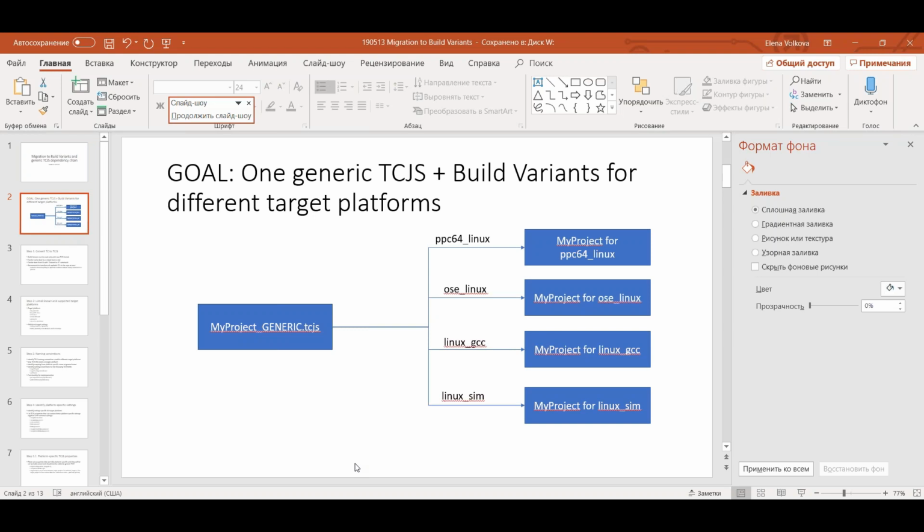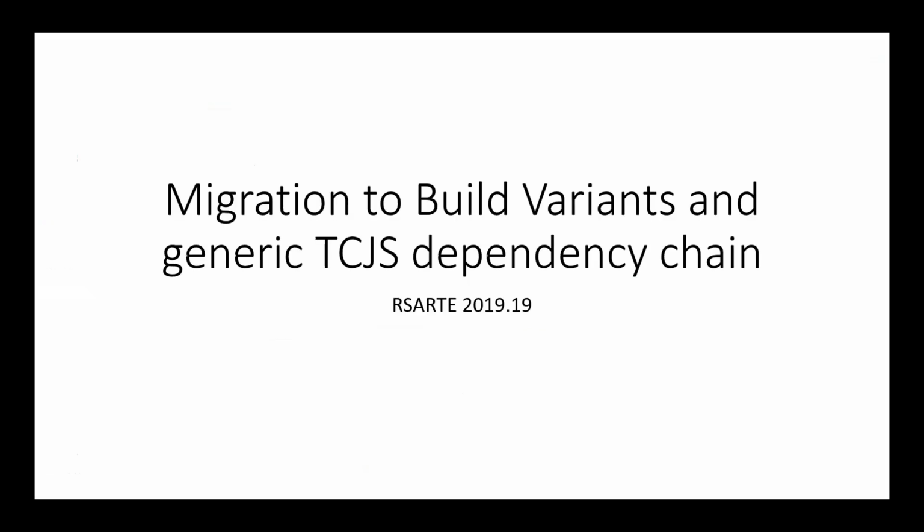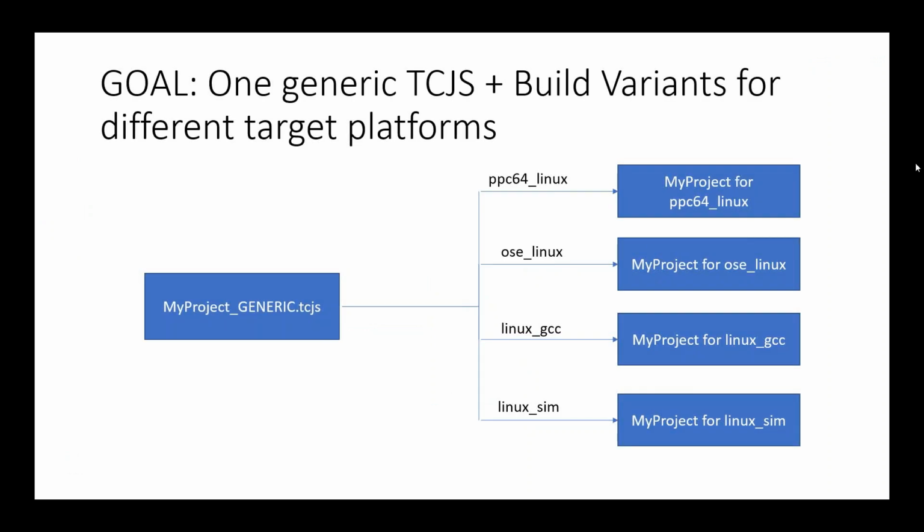So the goal for this migration, in having this generic TCJS dependency chain and build variants, is to limit the number of transformation configurations that are used in your projects, and to simplify addition or modification of target platforms.